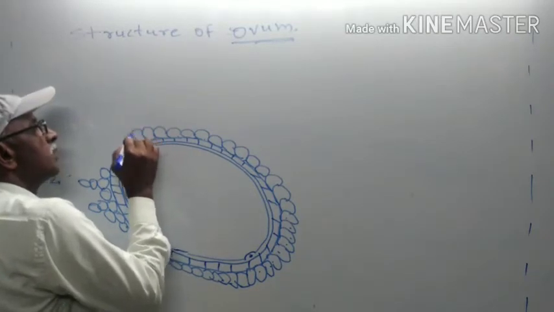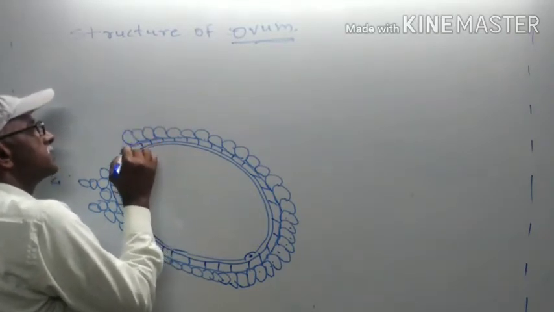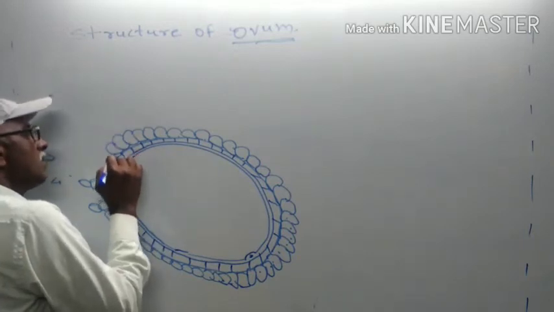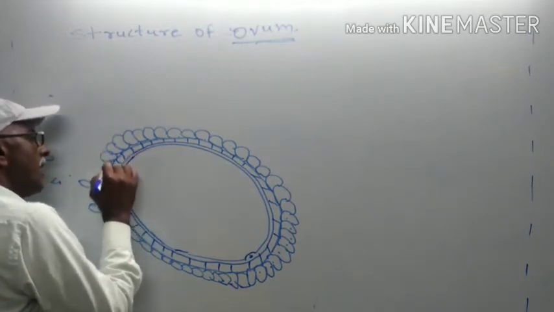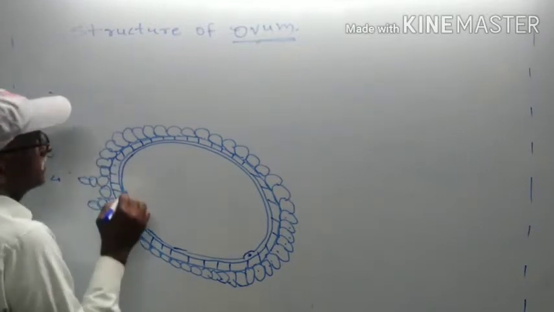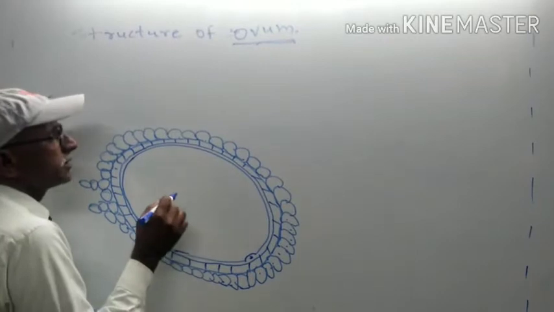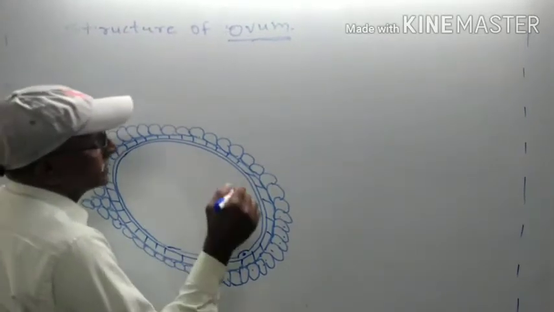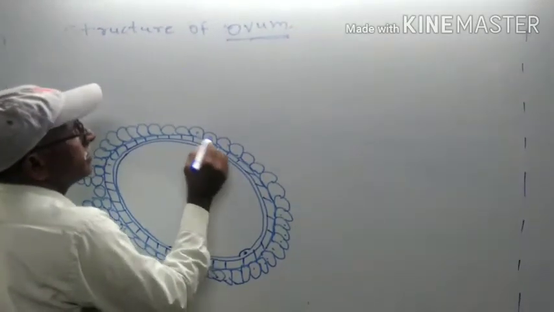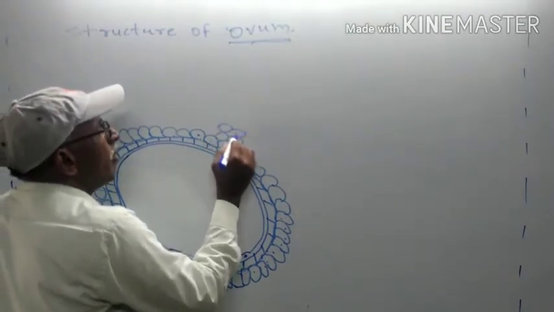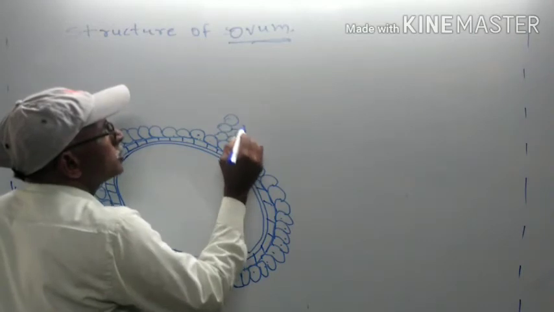One is the secondary oocyte and the other one is the first polar body. And again there is meiosis second, and in this division the second polar body is also formed and the ovum is also formed.